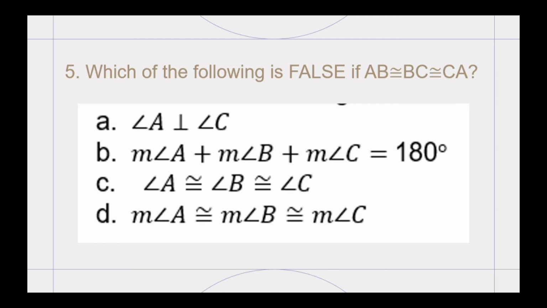Letter C, angle A is congruent to angle B and congruent to angle C. Or letter D, the measure of angle A is congruent to the measure of angle B and congruent to the measure of angle C.